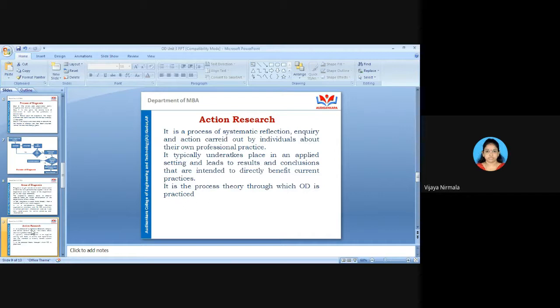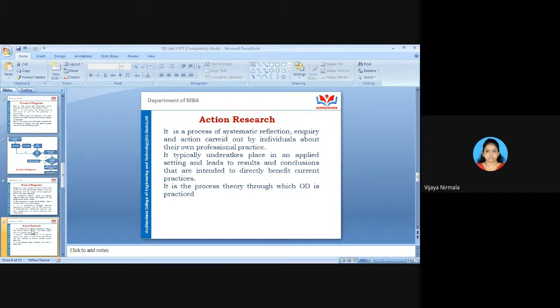Here, action in the sense of change and improvement, that we call action. And research is understanding the knowledge. So this action research is the process which allows action and research.